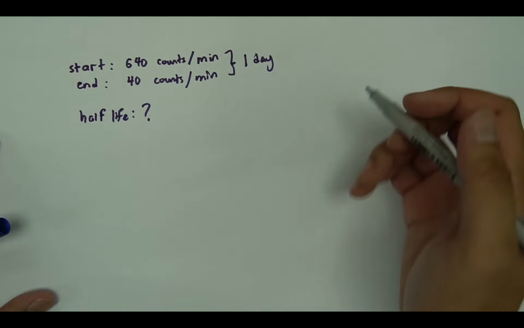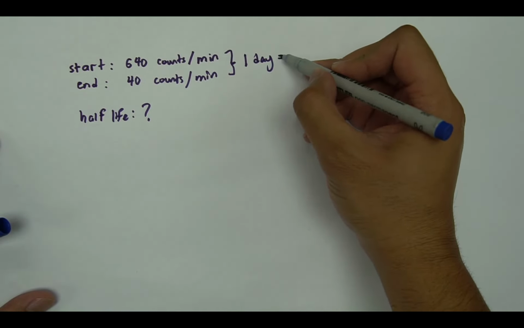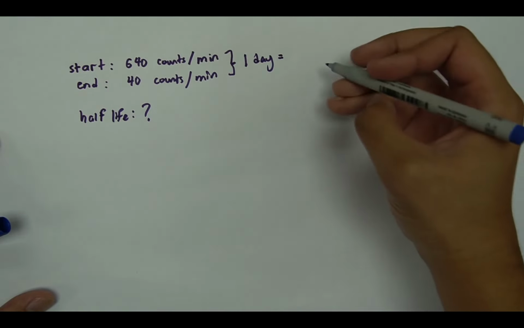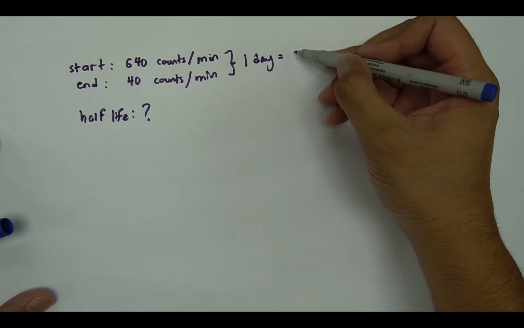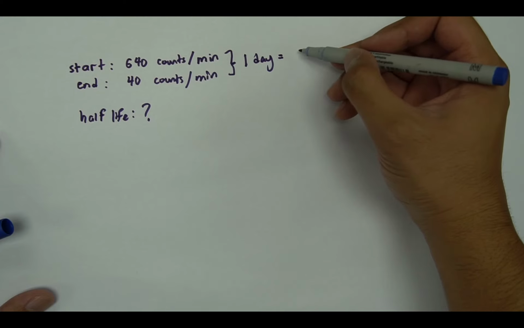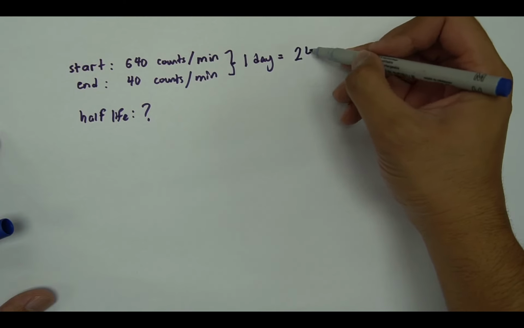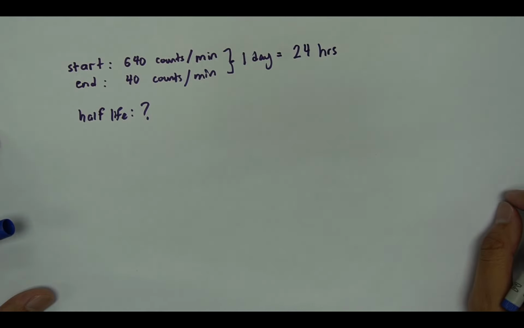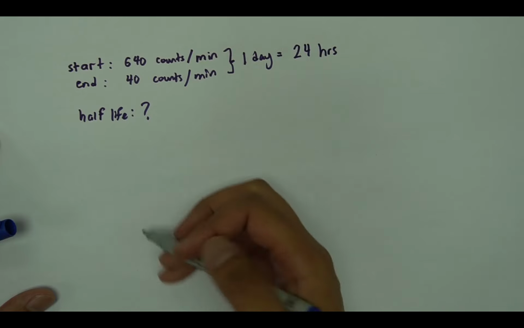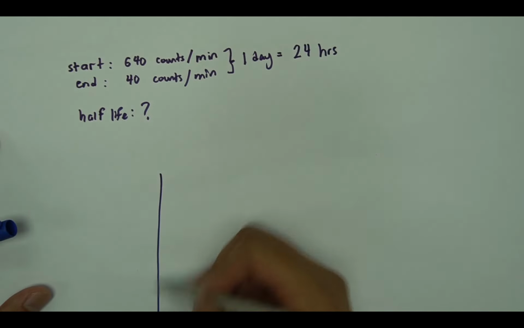Okay, so let's change the day to hours because that's easier for us to do. So instead of days, let's change it to hours. So one day is 24 hours. You can even change this to minutes, but we don't need to do that. So you need to have some sort of timeline in this case. So let's draw a table.